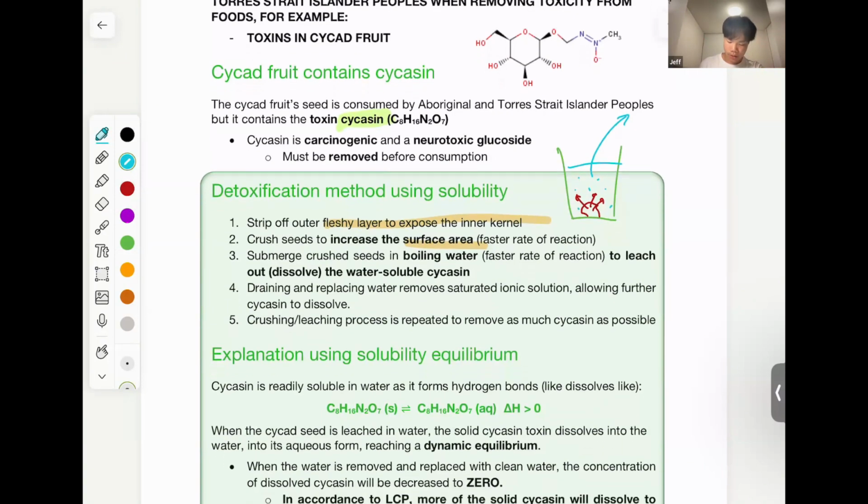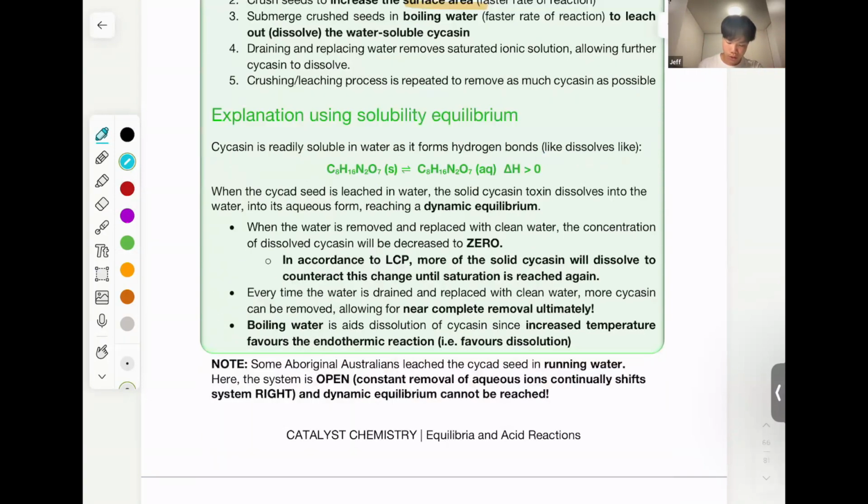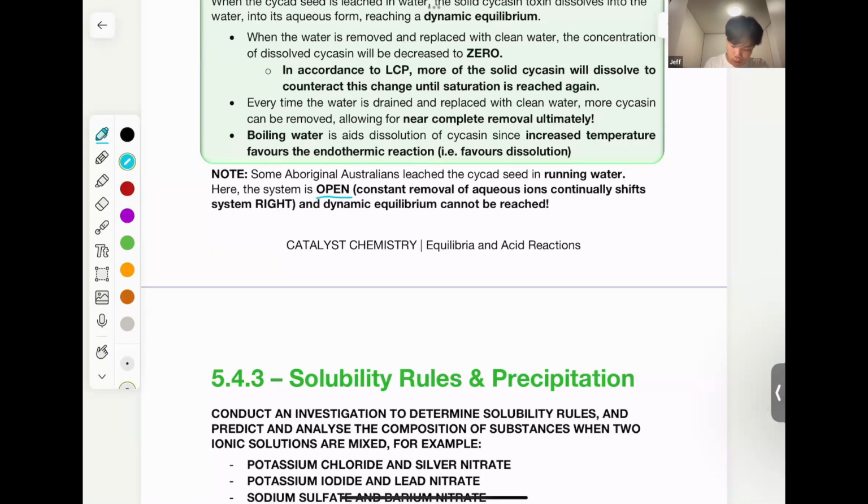The other variant for this method is dissolving in an open stream. So if you have a running stream of water and you have this same toxin in the middle, the stream is going to remove matter from the system continually. The matter will just be removed at a constant rate, hence continuing to shift the equilibrium right.